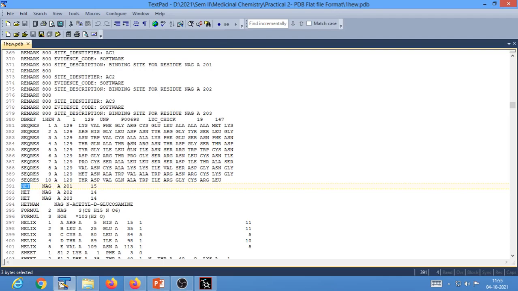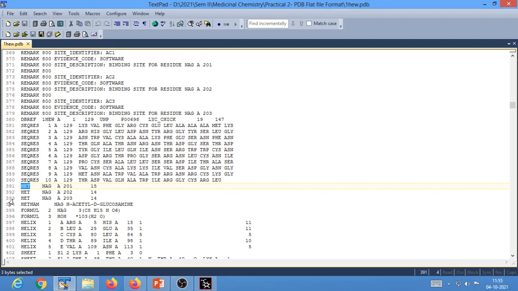Hetero groups are usually the non-protein components present in your file. These non-protein components can be in the form of prosthetic groups like PLP or ADP, ATP, and so on and so forth, NAD, NADP. These are all prosthetic groups.